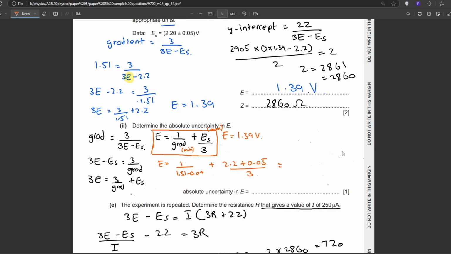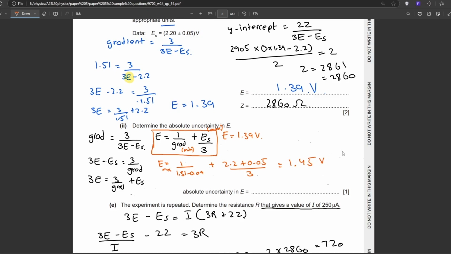What will your answer come out to be? 1 divided by 1.51 minus 0.09. Perfect. Plus 2.2 plus 0.05 divided by 3. Your maximum value of E comes out to be 1.45. This is E max.